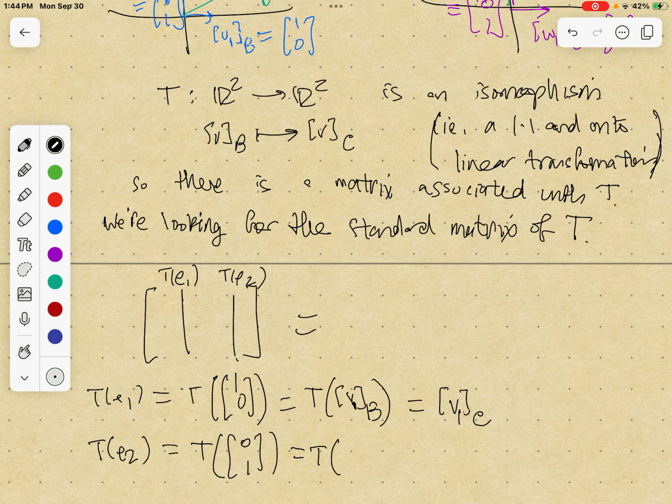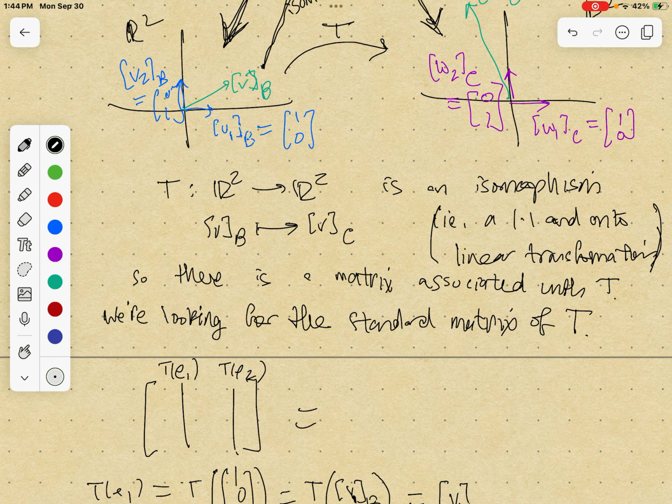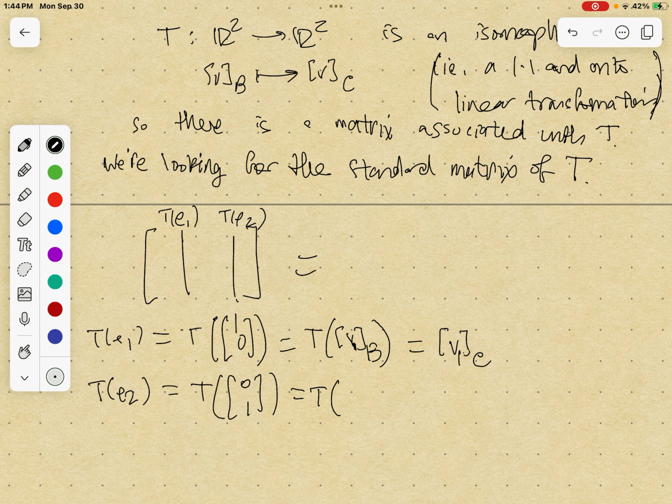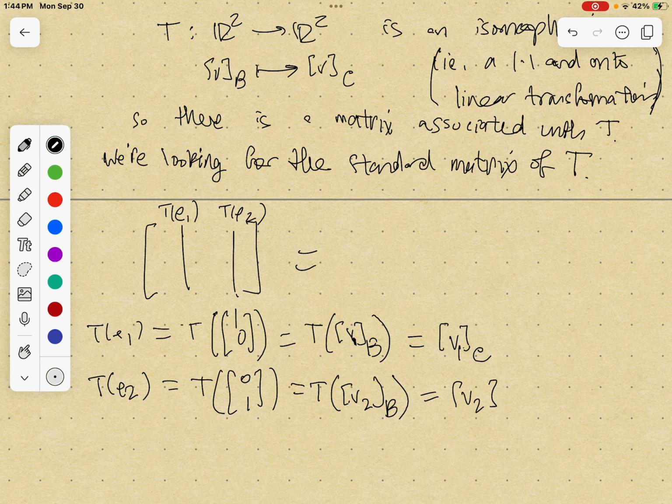And remember, (0, 1) is the coordinate vector of V2 relative to B. So this is T of the coordinate vector of V2 relative to B. And that, by definition of T, is the coordinate vector of V2 relative to C. And so therefore, this matrix is precisely the matrix whose columns are the coordinates of V1 relative to C and V2 relative to C.